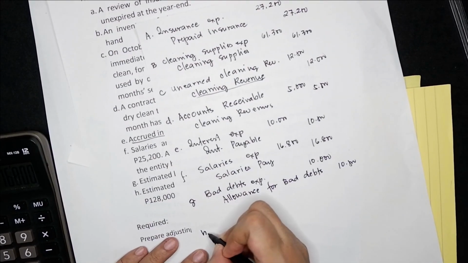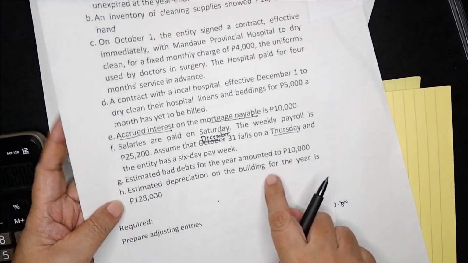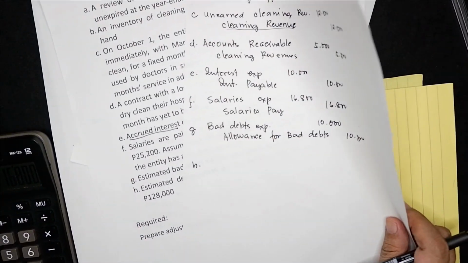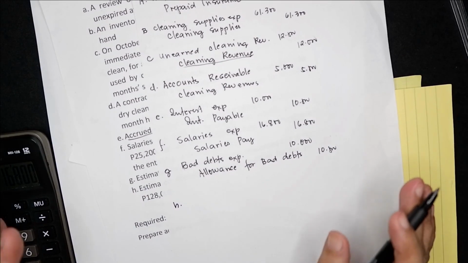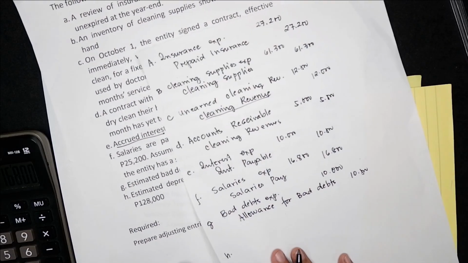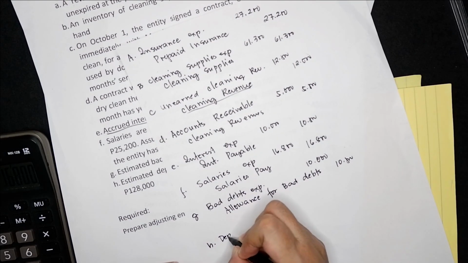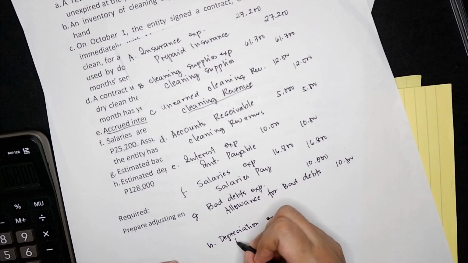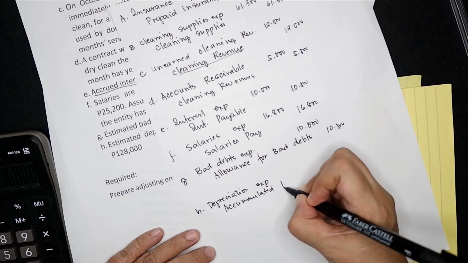And we have letter H. Estimated depreciation on building for the year is 128,000. Again, for depreciation, this is the part of the fixed asset that was being used or consumed. So that is our depreciation expense. So we have again our entry, debit depreciation expense, and credit accumulated depreciation.